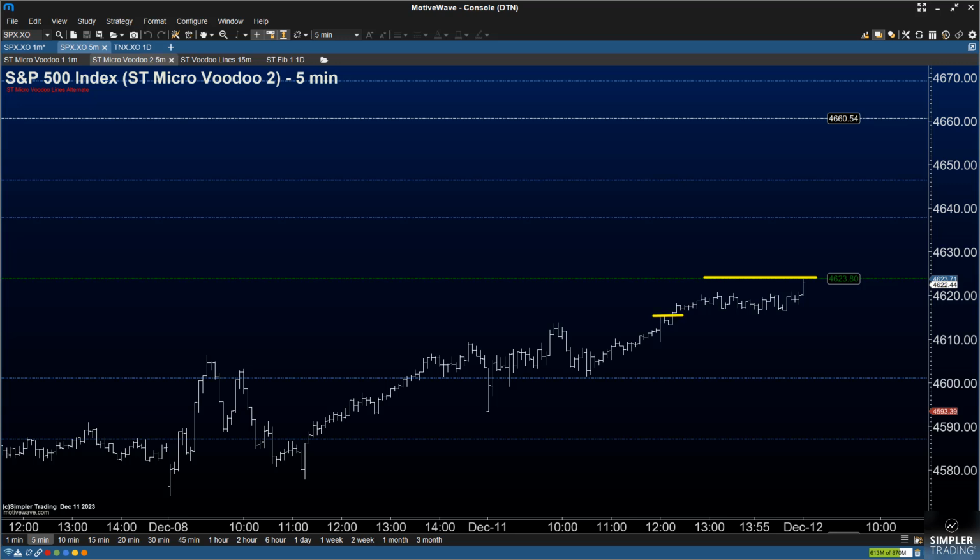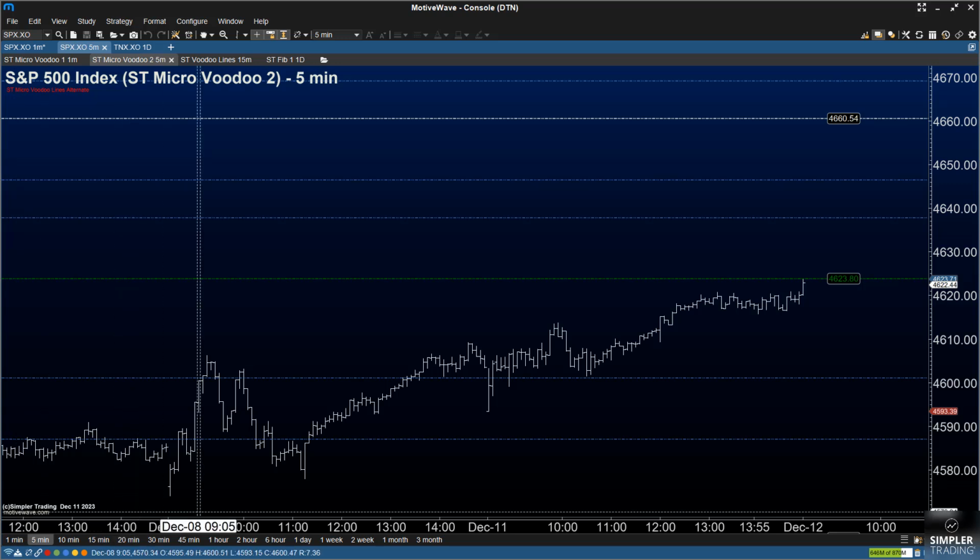So at least for the next week or so, and until we get a good feel for how things react to our Voodoo lines with the new incoming contract, I just recommend doing work on the indices in the cash market index, right? Your SPX for the S&P 500 rather than the futures, the NDX.